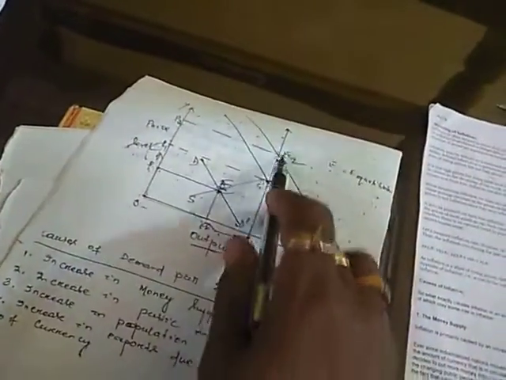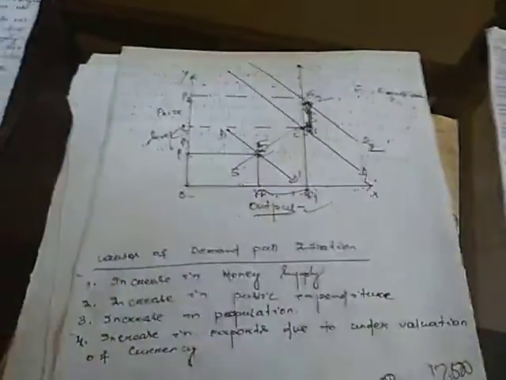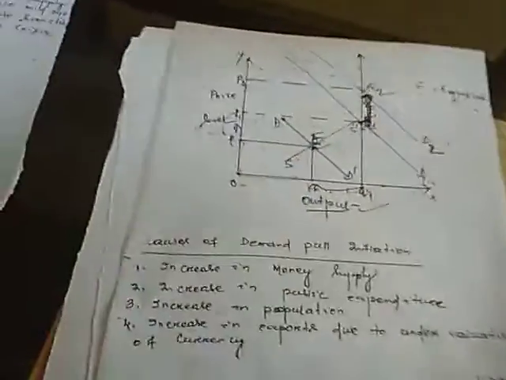That's why this is known as demand pull inflation, from E1 to E2. Now, what are the causes of demand pull inflation?